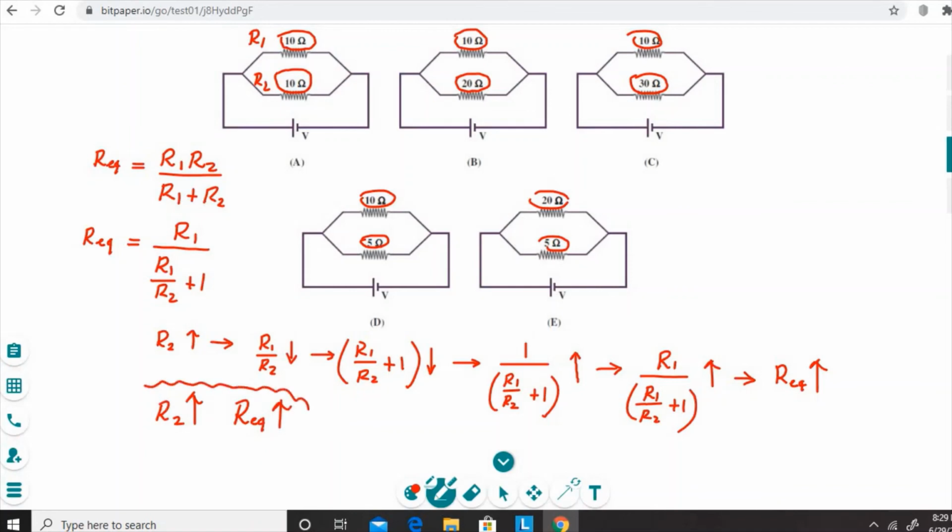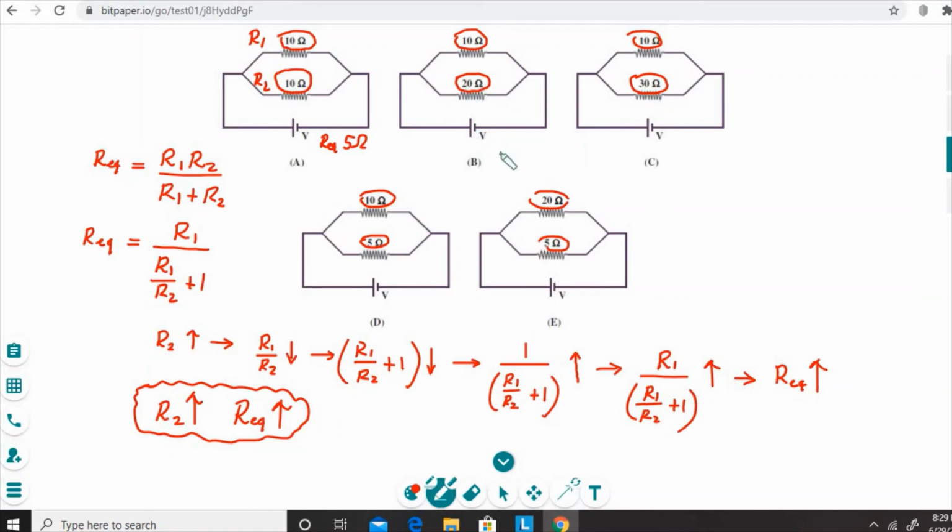This is a very important fact. When you have two resistors in parallel and one resistor is increasing, the equivalent resistance increases. As you know, this equivalent resistance would be 5 ohms, and here it would be larger than 5 ohms.